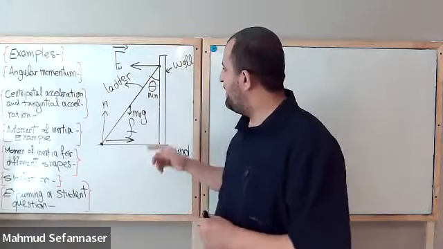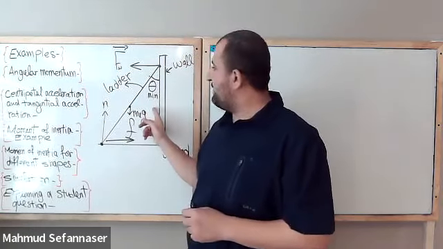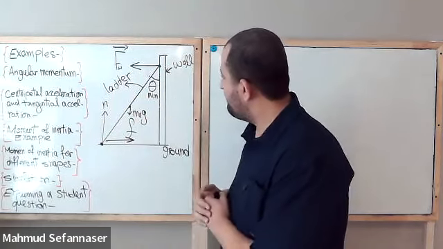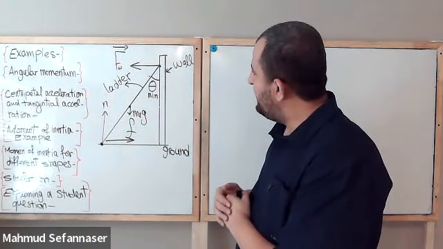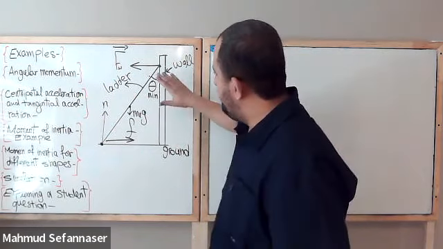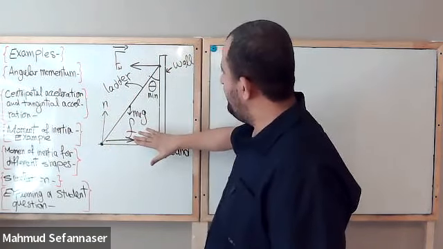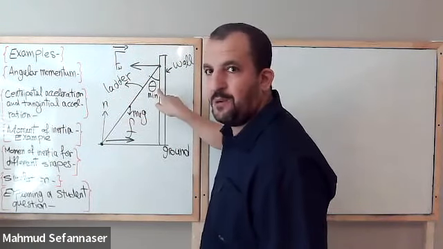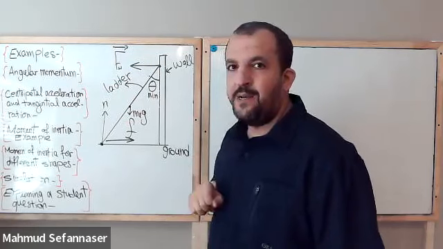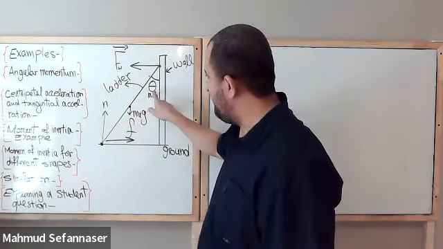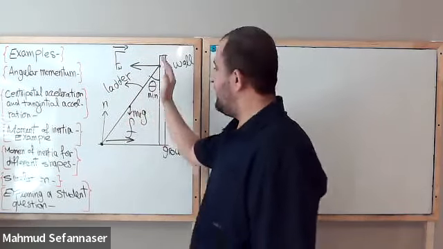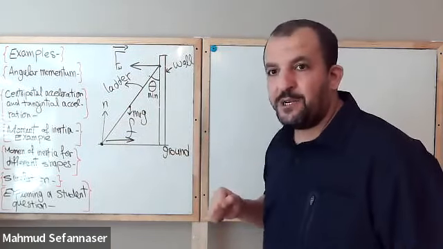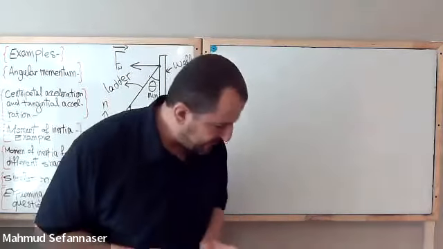This is the minimum angle, guys, that can make the whole system balanced. If we look at this figure and assume that we know everything, but we don't know this angle between the ladder and the wall, is there a way to figure out that angle? My answer for you guys is yes. There is a way to do that.